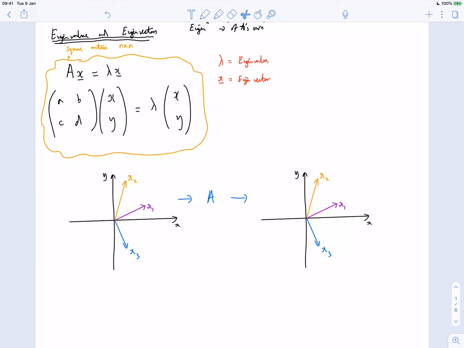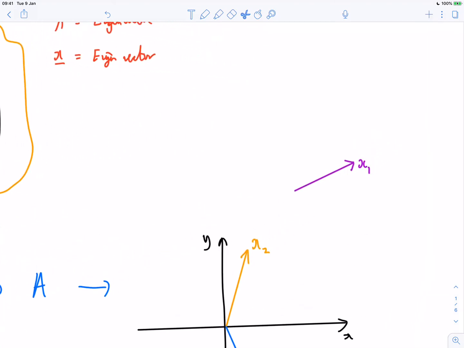Then let's say x1 after this transformation changes direction a bit and gets a little bit shorter. So now it's looking like this. So x1 prime, if you like, after the transformation, looks like that.